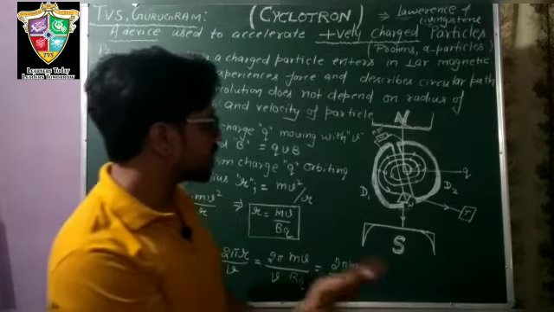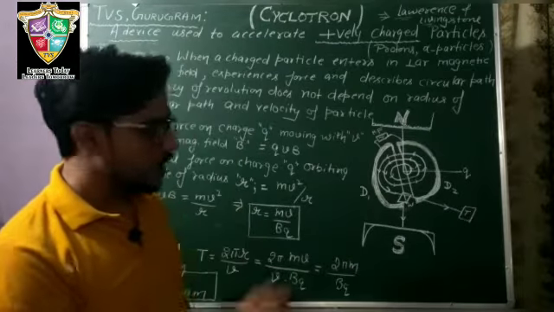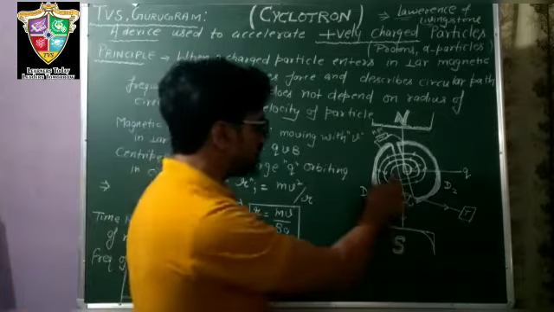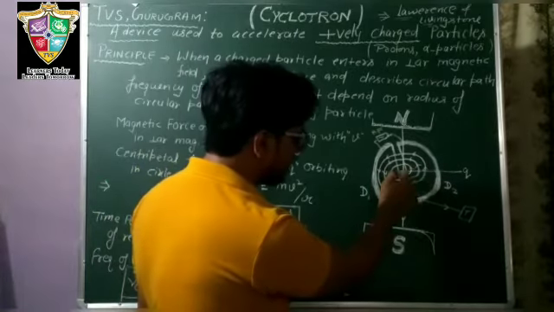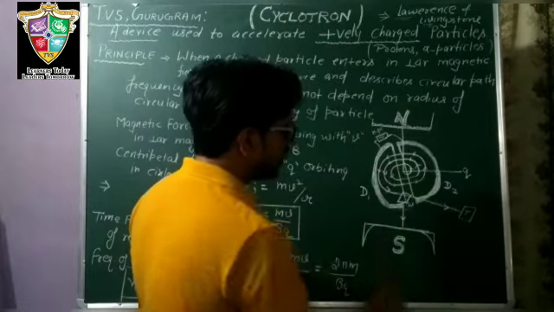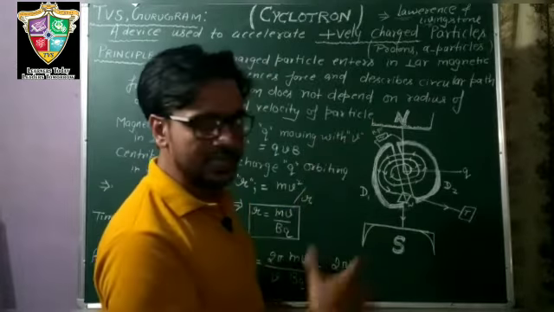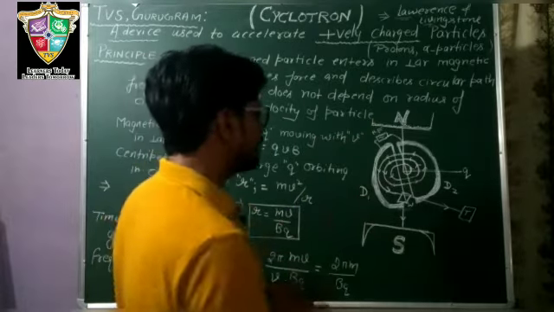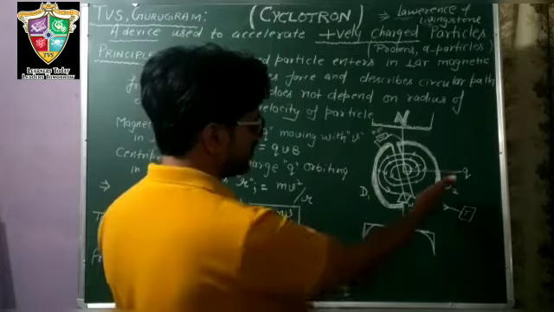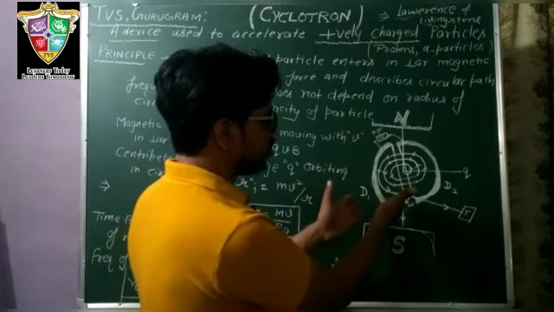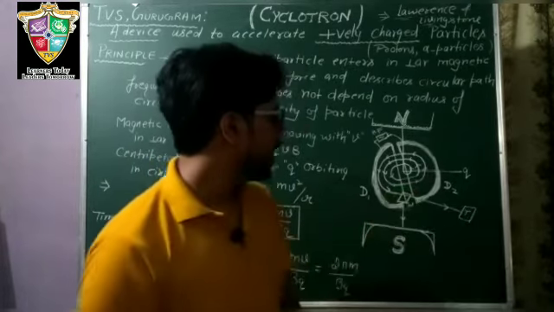And how does it work, students? If we wish to accelerate a charged particle Q, we place it between the Ds at the center point, and the high frequency oscillator gives polarity to the Ds, say D1 at positive potential and D2 at negative potential.